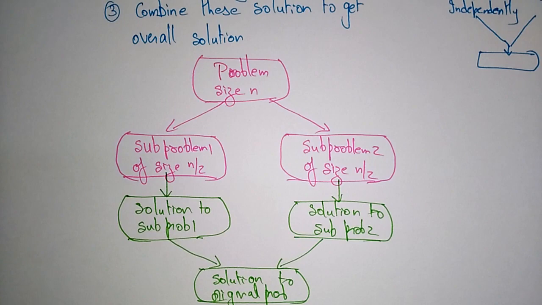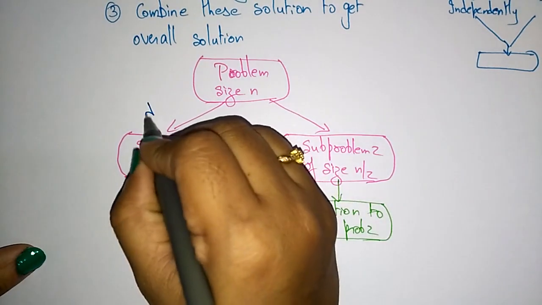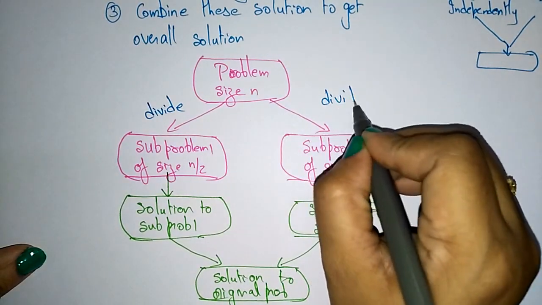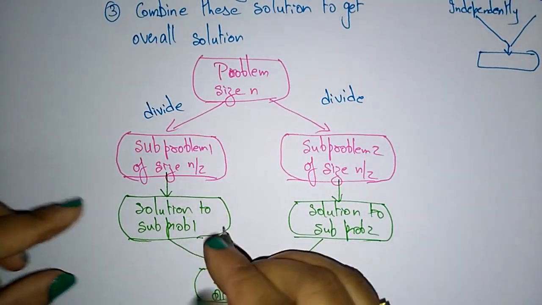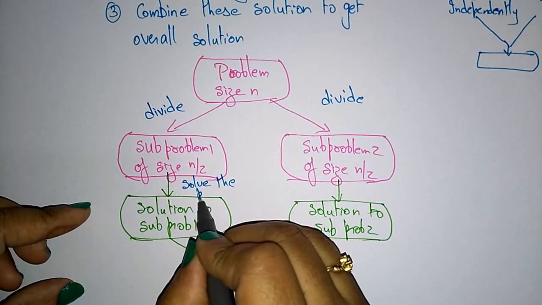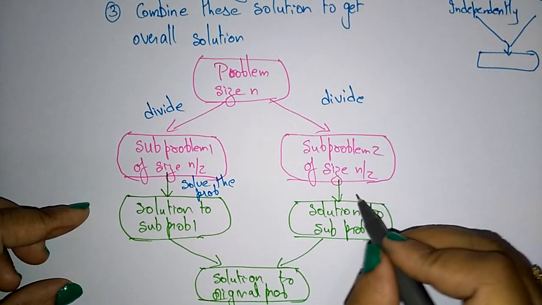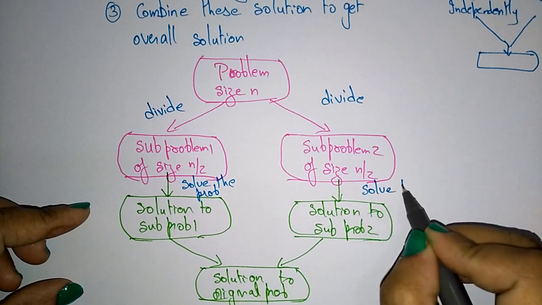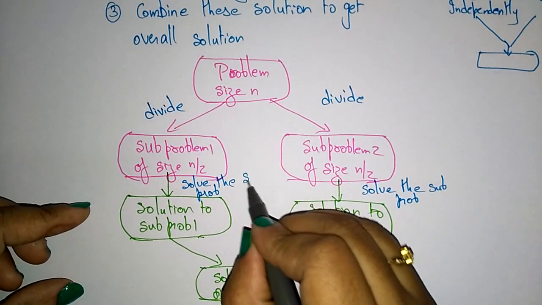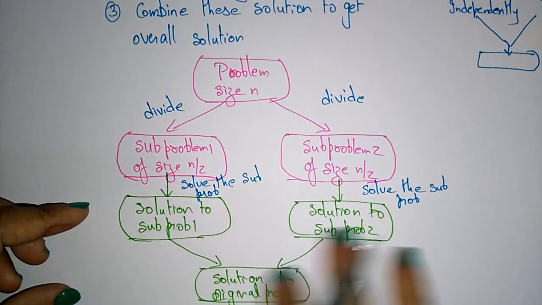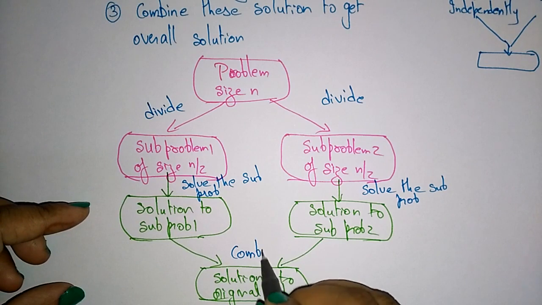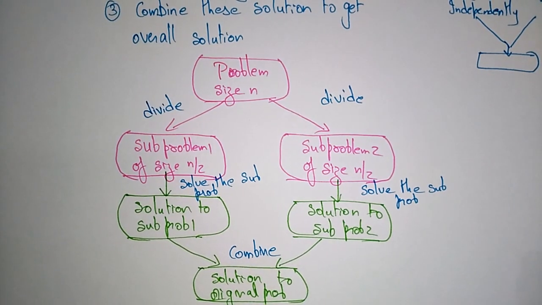So these are the steps involved in divide and conquer. First we divide the problem. After dividing, you solve the sub problems independently. After solving the sub problems, you combine to get the original solution.